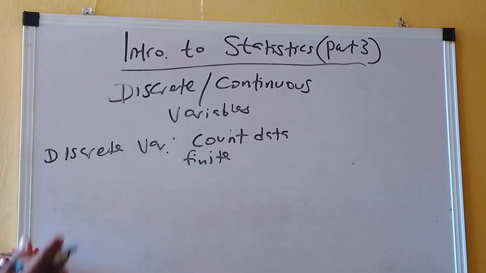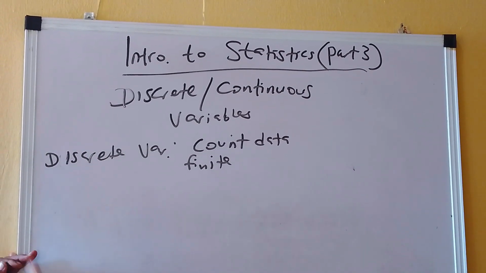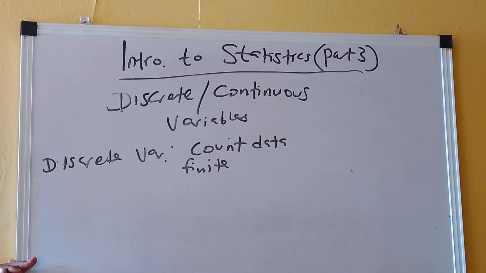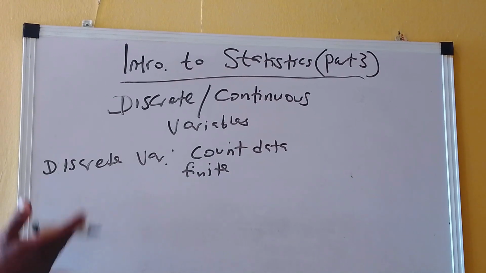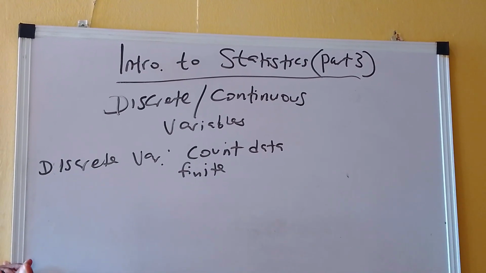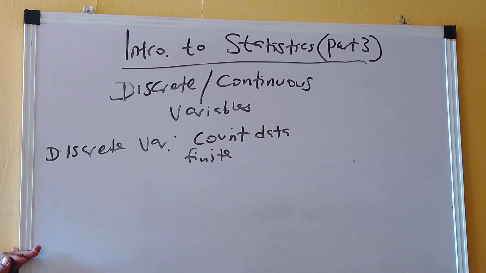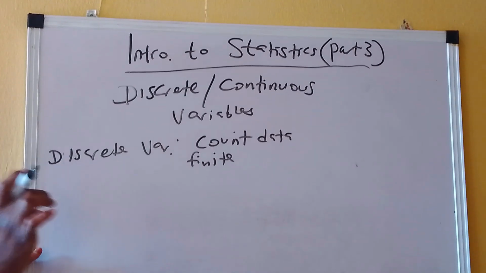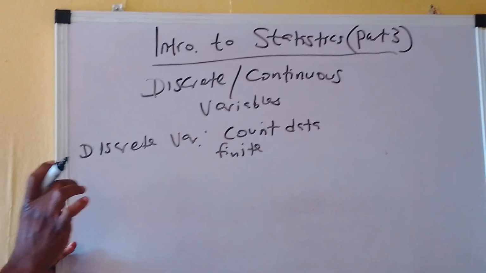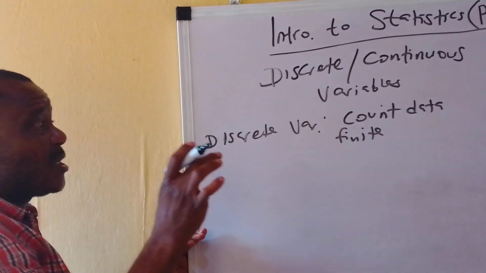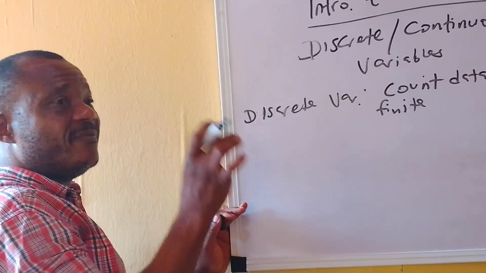Like, for example, the number of balls in a box, the number of clothes in a box of clothes, and so on. When the data can be counted, they are called discrete. Such a variable is called a discrete variable.